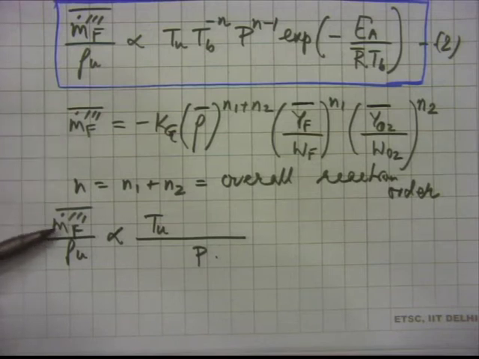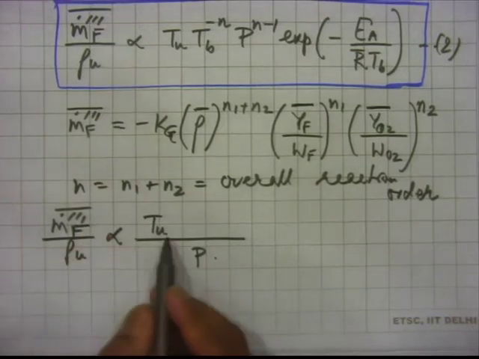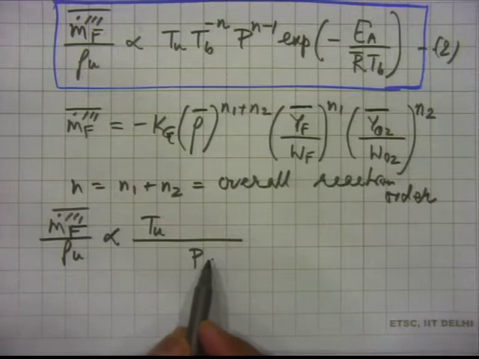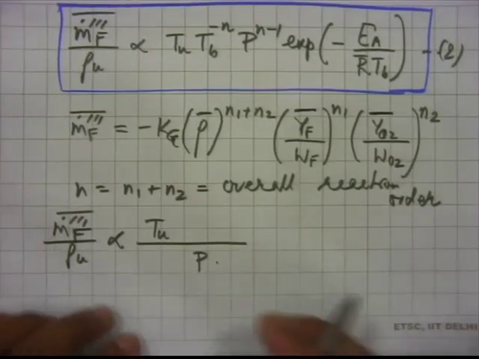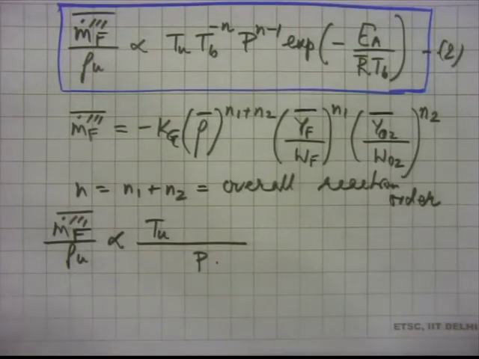Now it's m dot f triple prime bar divided by rho u, correct? And that rho u has brought in Tu and pressure. And now the extra thing that Turns does next is that he evaluates m dot f triple prime bar at Tb.